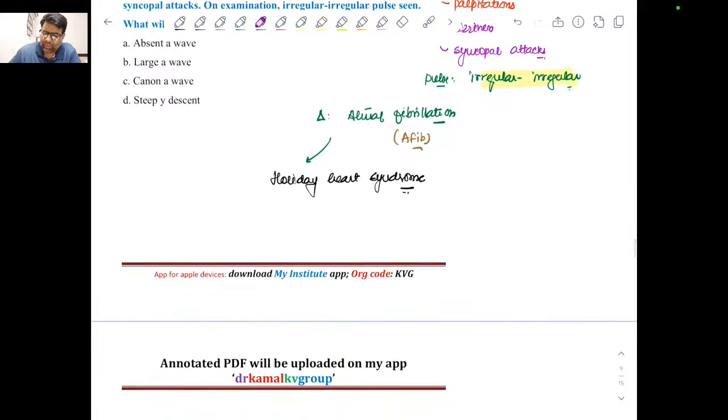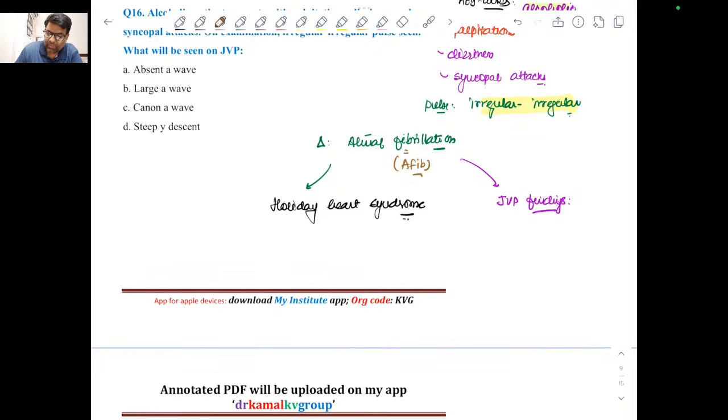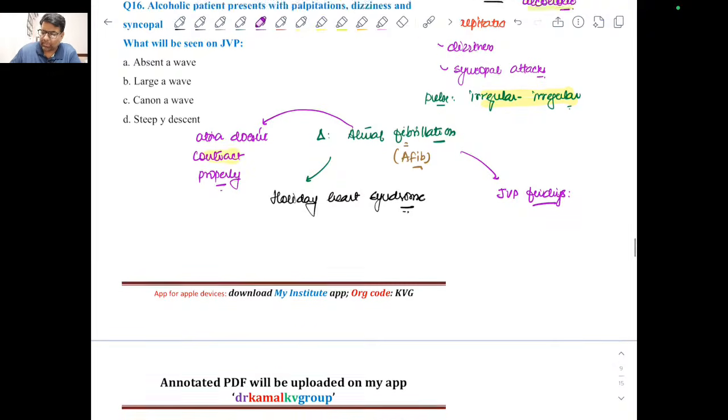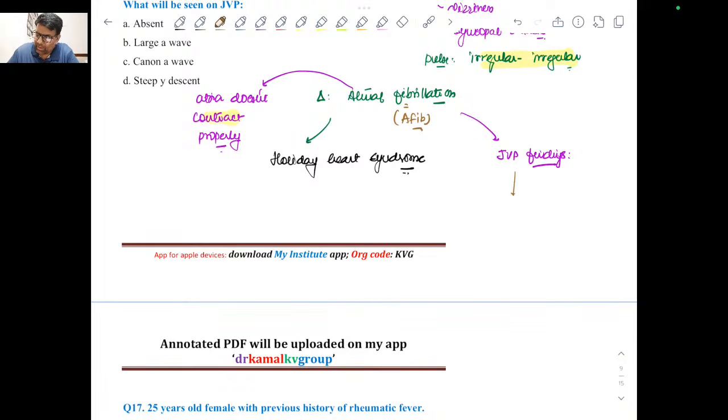Now what are the JVP findings? Jugular venous pulse findings. Now in atrial fibrillation, if you know the basic pathology, the atria doesn't contract properly. This is the basic problem here. Now in JVP, A wave is because of atrial contraction.